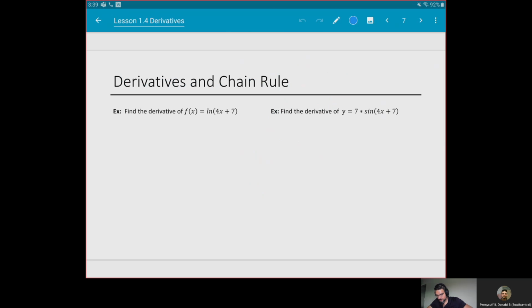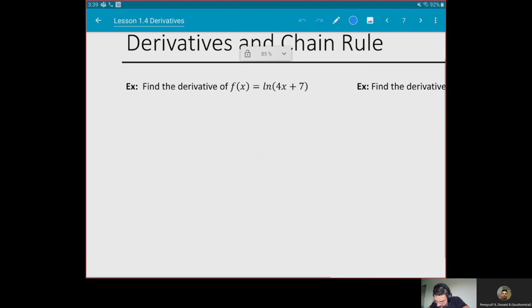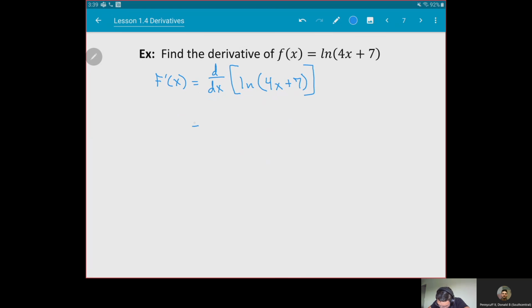Okay. All right. Now let's do the natural log. And everyone always messes up on the natural log, so you want to be very careful. Now the derivative of the natural log is always 1 over what's inside. Always. Okay. This piece right here, no matter what it is, is going to come down.